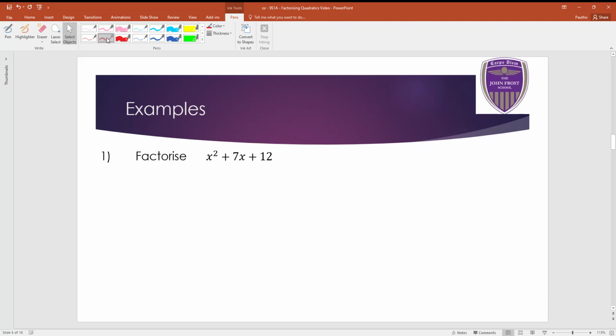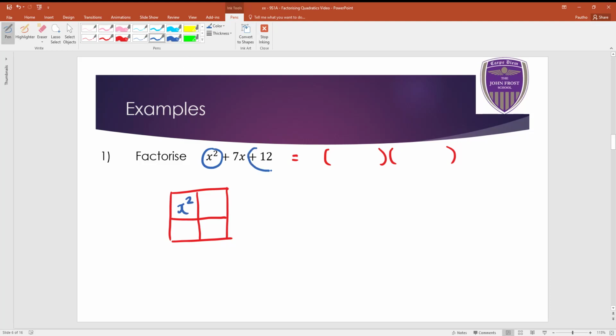Okay, welcome back. So you should know that this is bound to look like this. Two brackets. So I'm going to try and write the grid down for this question and then reverse it. Because we know that this x squared here is always going to go here. And this positive 12, remember the pure number is always in the bottom right corner of the box.